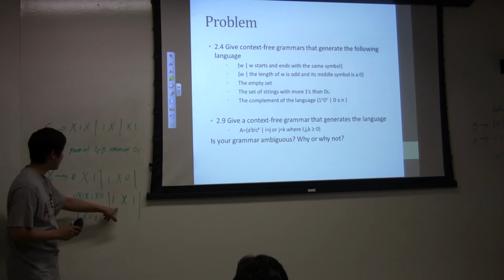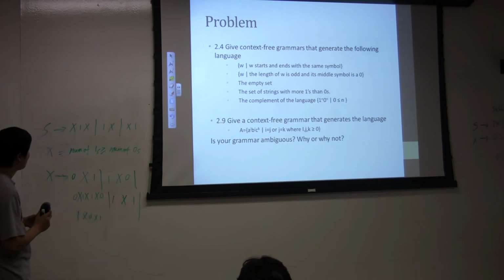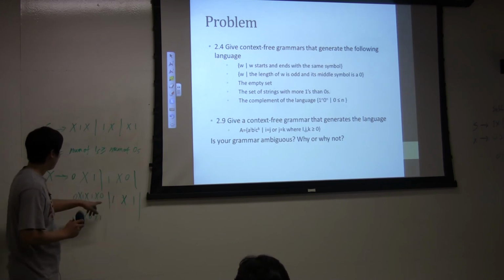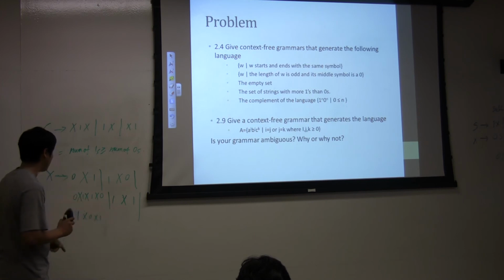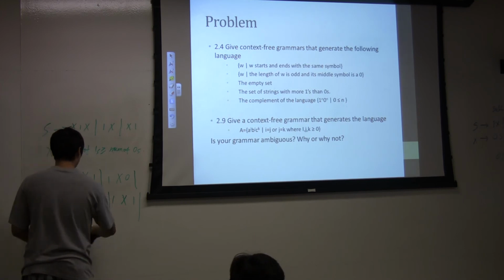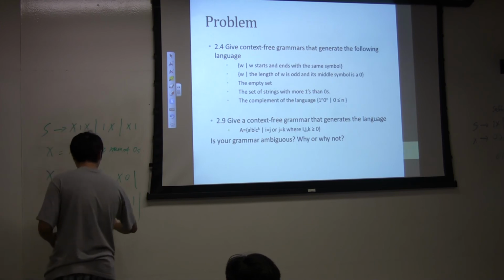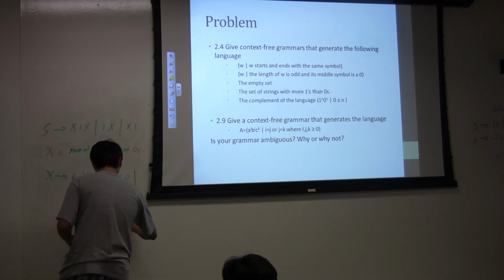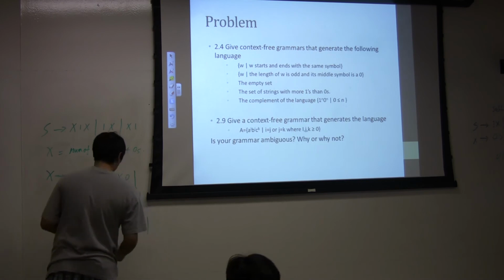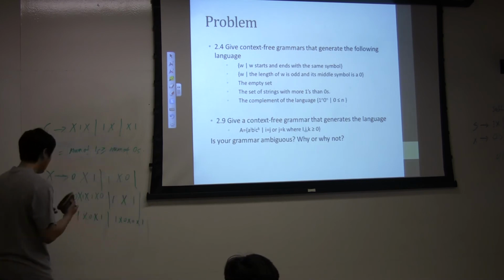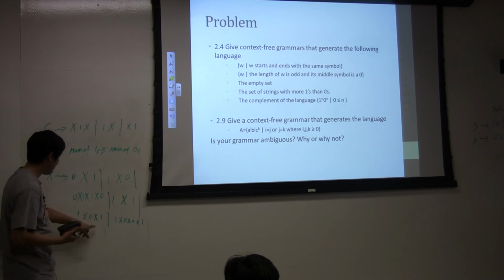And for the ones that start with 1 and end with 1, there are 2 cases. One is the same number of 1s and zeros, or we allow at least 1 zero.